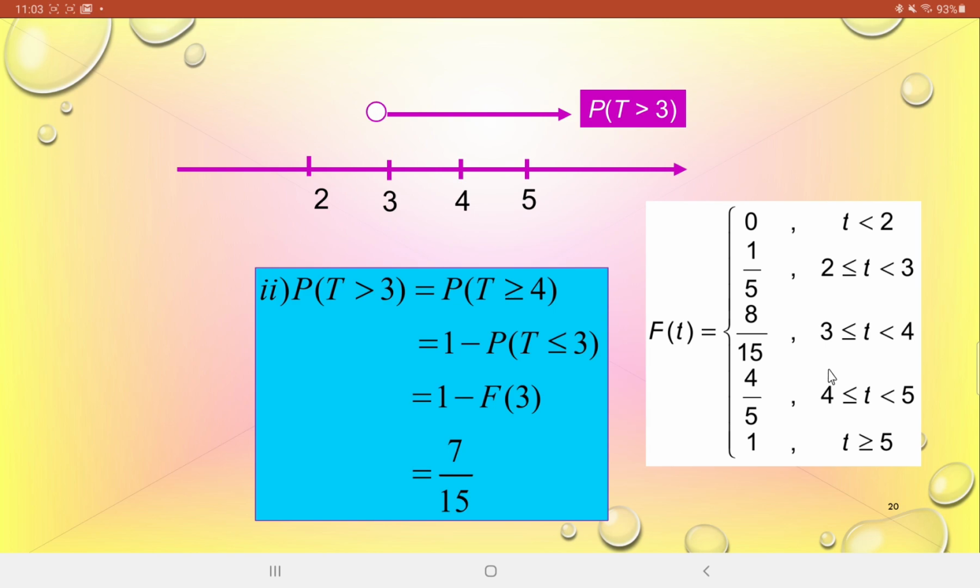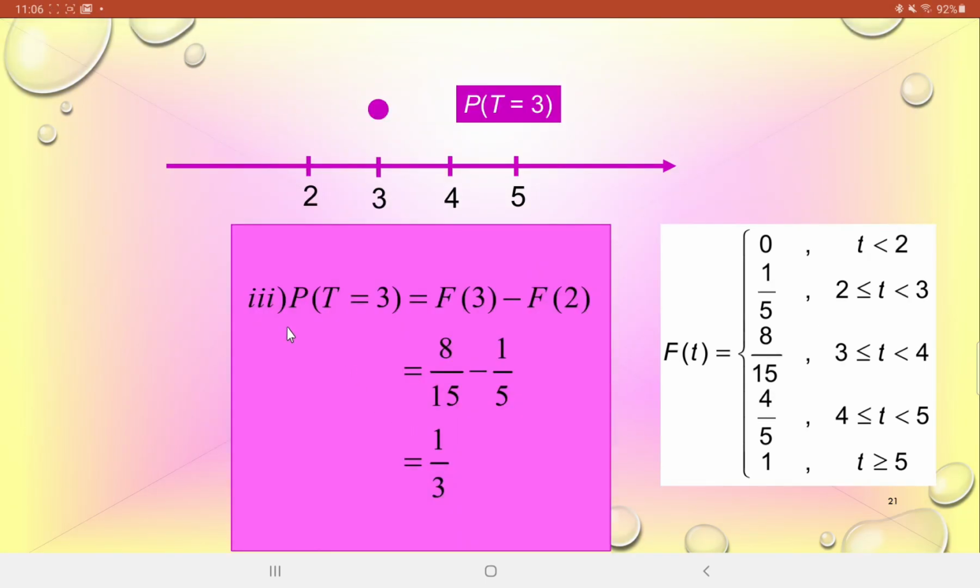From the cumulative distribution function, F(3) is equal 8 over 15. So 1 minus 8 over 15, and we get the answer is 7 over 15. 3. Probability T equal 3 is F(3) minus F(2).